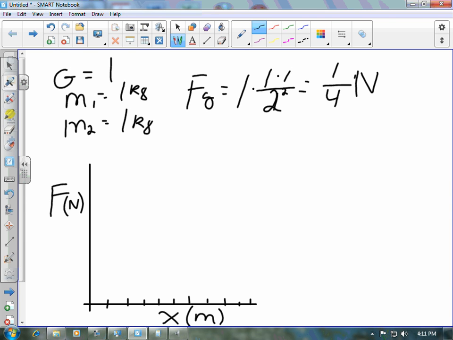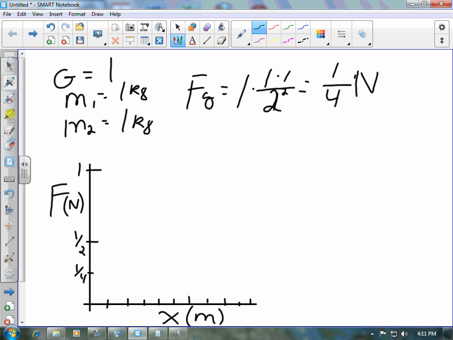So let's say this is 1 Newton and 1/4 of a Newton, something like that. This isn't coming out very accurately. This would obviously be a half, this would be 1/4 down here.